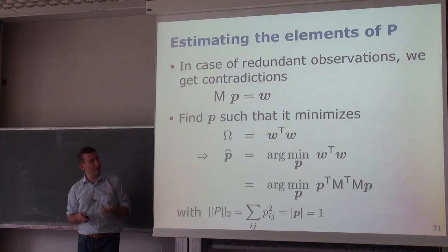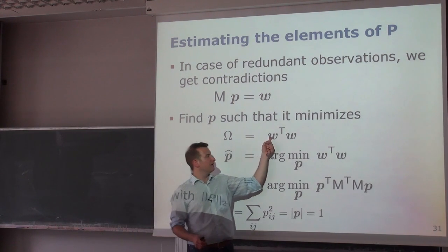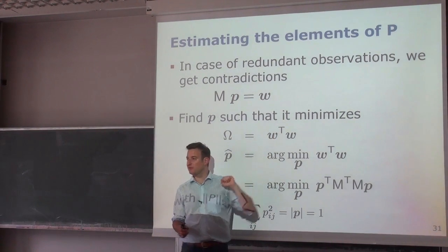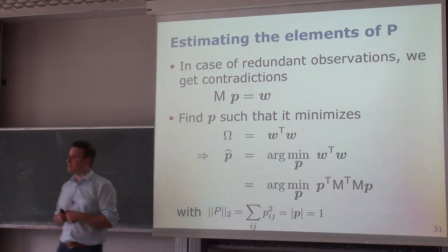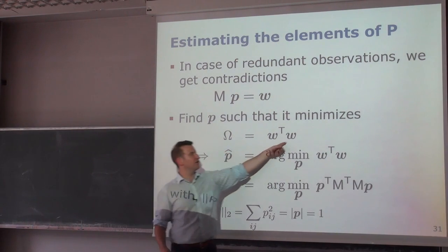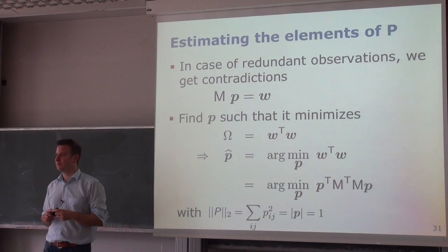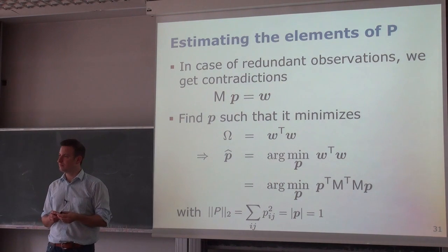So what we are trying to do, this should be obvious to you, we take w transposed times w. We actually want to minimize that. So we want to estimate the projection matrix which minimizes the sum of the squared errors. So that's our goal.